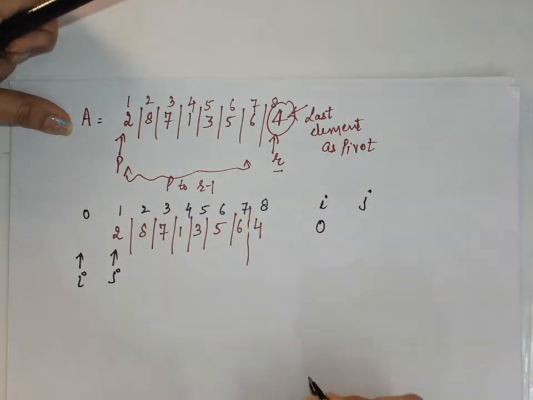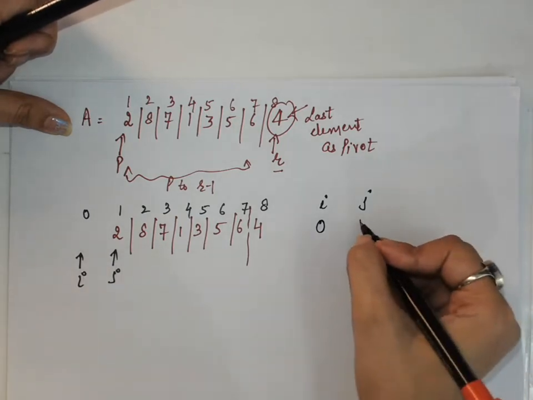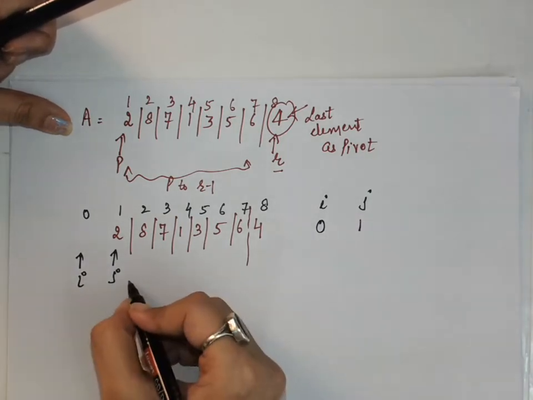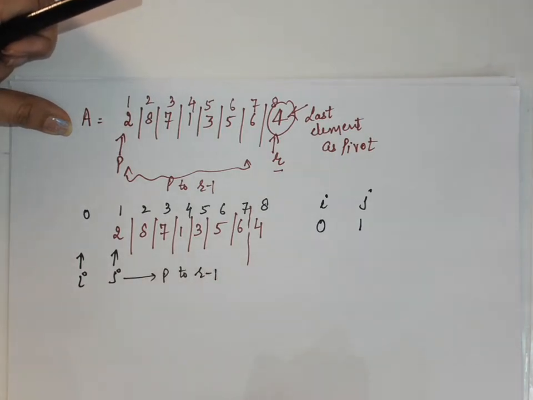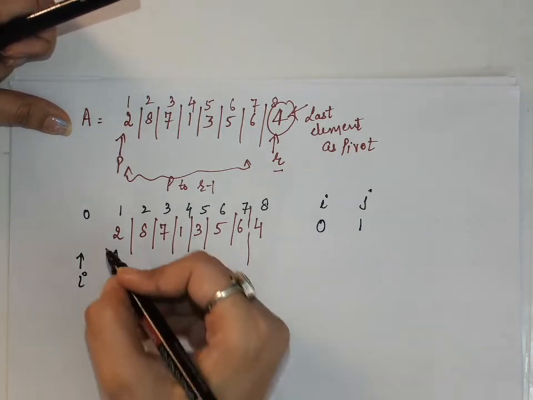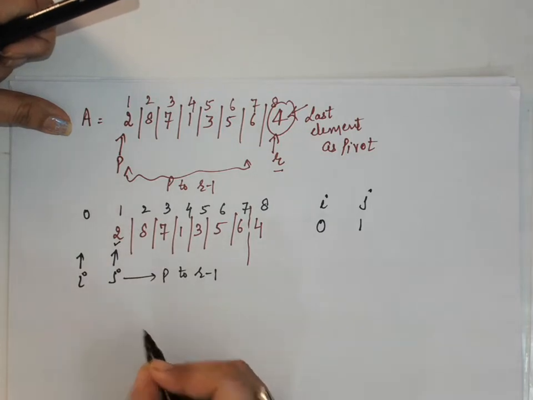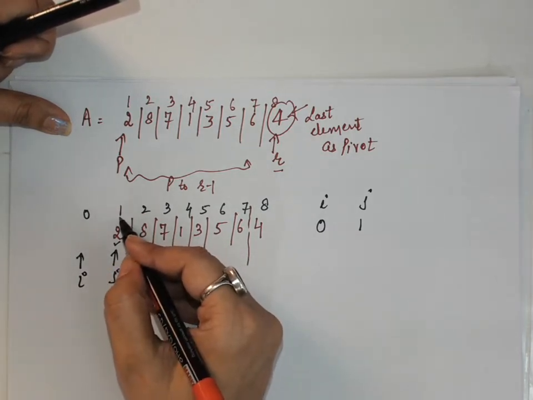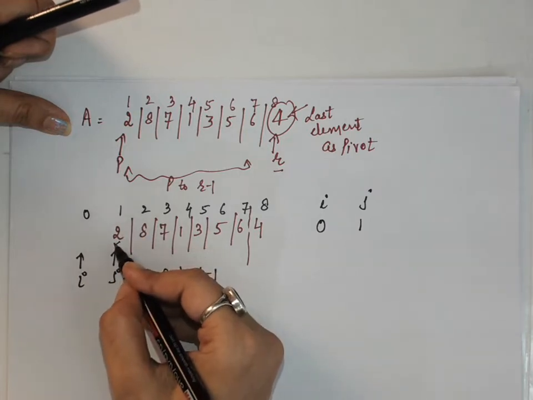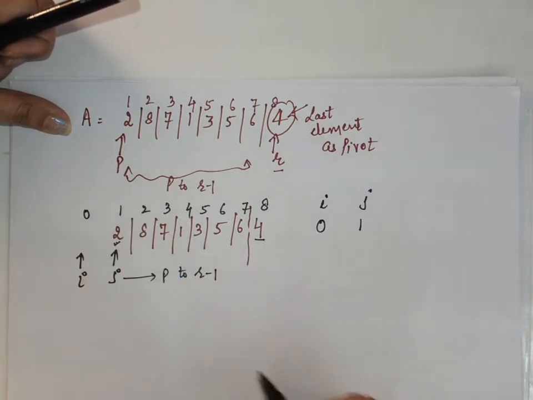Initially i is equal to 0 and j is 1, and j will run from p to r minus 1. Now first I will compare a of j, where initially j is equal to 1, with my pivot element.